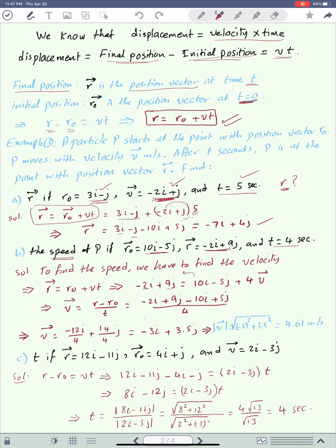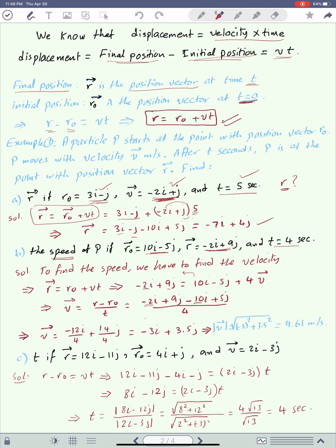So minus 2i minus 10i plus 9j minus 4j minus 5j, you will get minus 12 over 4i plus 14 over 4j.